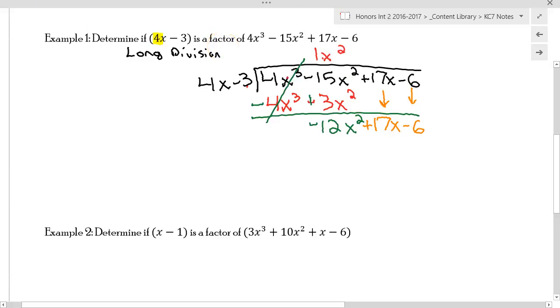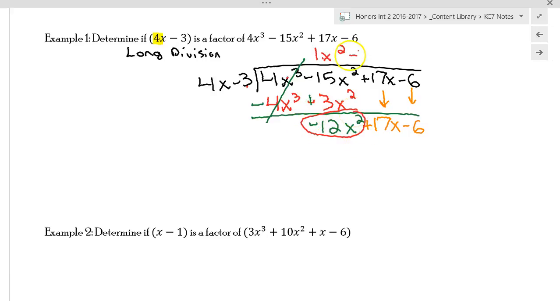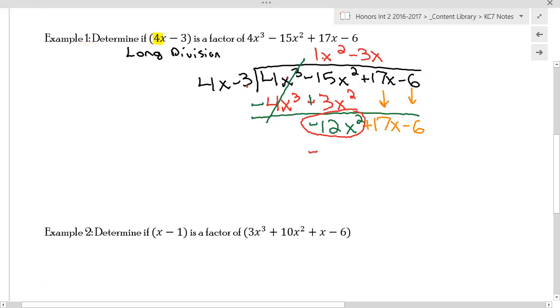Now let's divide again. Now I'm dividing 4x into negative 12x squared. Well, negative 12 divided by 4 is negative 3. X squared divided by x, I'm left with 1x. Now we multiply. Negative 3x times 4x is negative 12x squared.